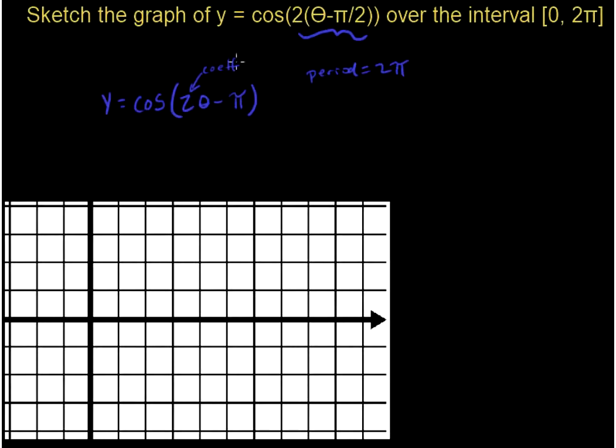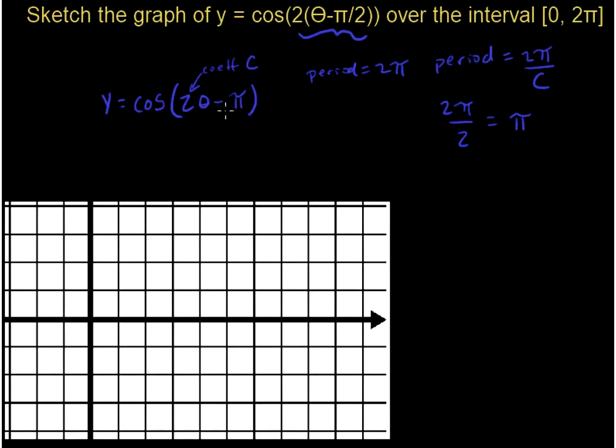Since we have this coefficient, let's call it c. The rule is your period is 2 pi divided by that coefficient c, which in this case is 2 pi over 2, which simplifies down to just pi. So we know that this trig function is going to repeat at an interval of every pi.